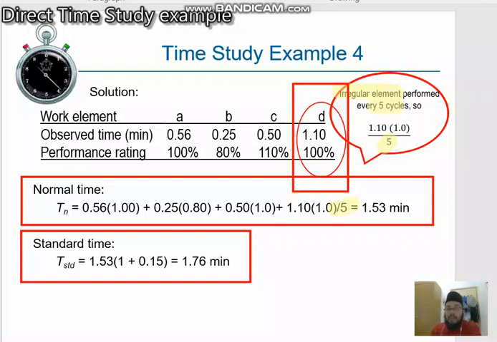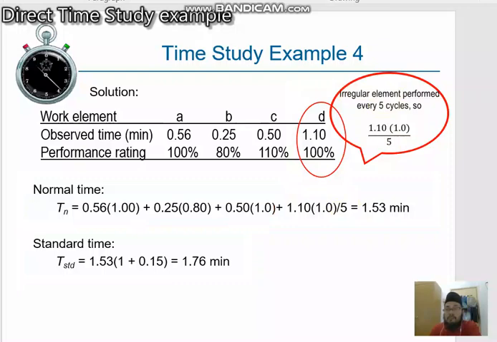A, B, and C are regular elements, so we calculate the normal time as usual. But element D is an irregular element, so we have to divide it by the number of cycles in which the element is performed. In this case, it is performed every 5 cycles, so we divide it by 5. Okay, so that's for this example.